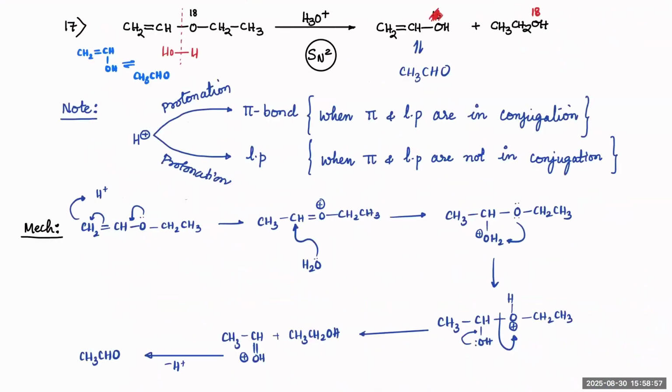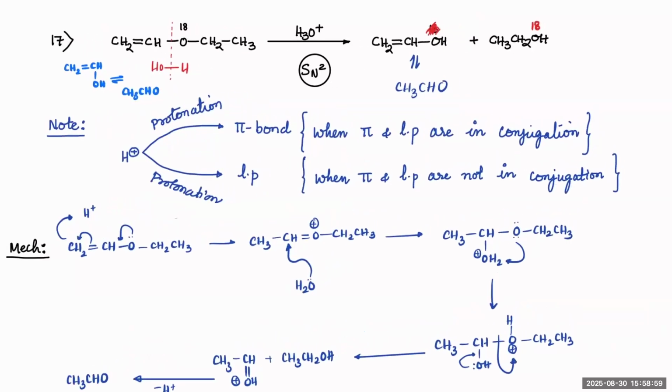Now 17 is a very interesting one. Imagine one side is vinyl and the other side is a simple 1-degree, 2-degree, any group. If you do hydrolysis, you always need to break on the vinyl side. Remember it like a shortcut.